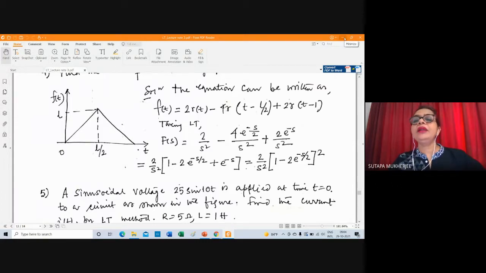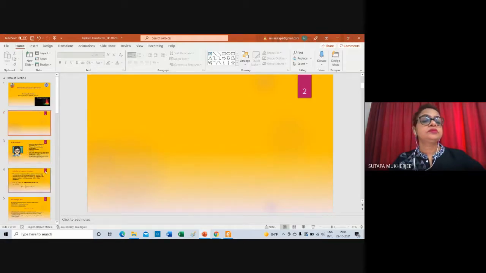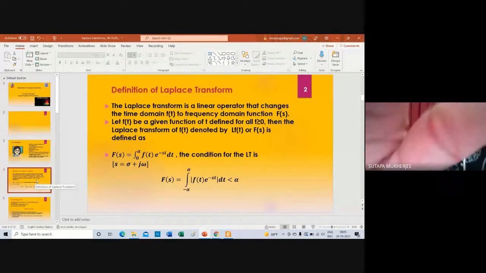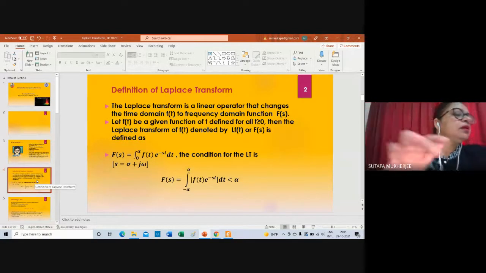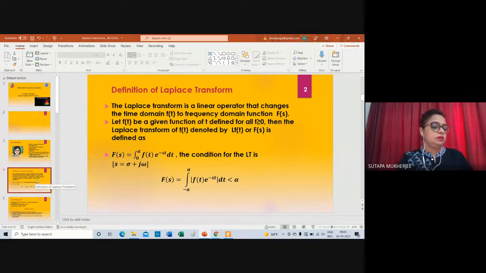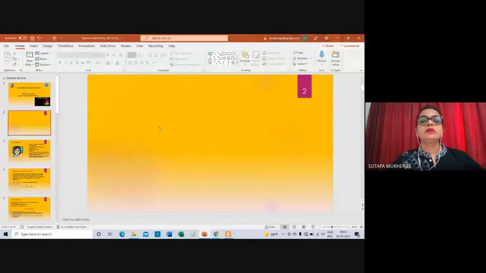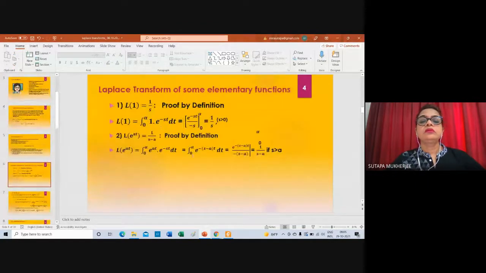Shall I show it again once? This one, if it is shifted, it will be 1 by s minus a.